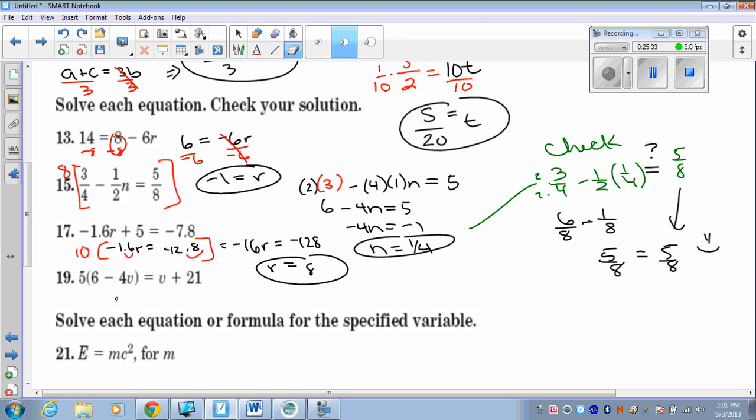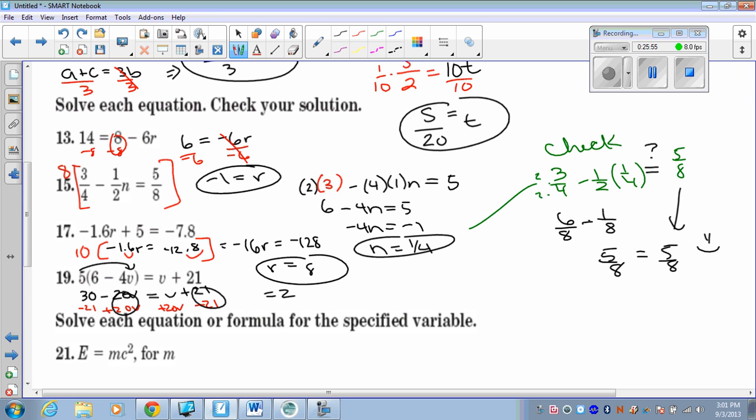Let's try this again. This is 30 minus 20v. Forgot to distribute over here. All right, so let's try this again. So I add the 20v to both sides. I subtract the 21 from both sides. These guys cancel out. V plus 20v is 21v. 30 minus 21 is 9.